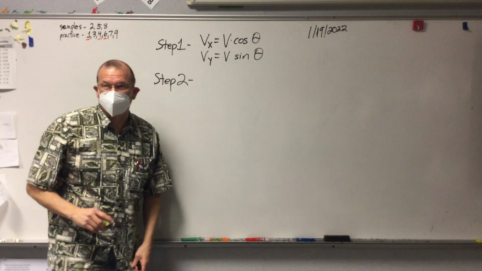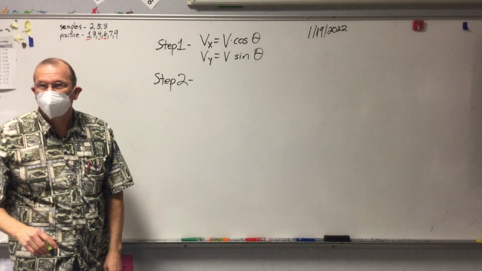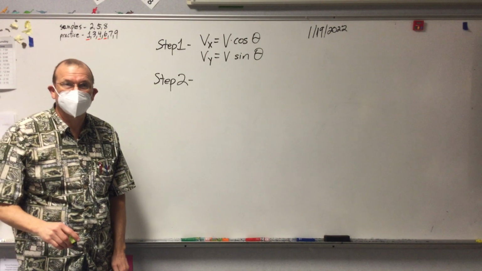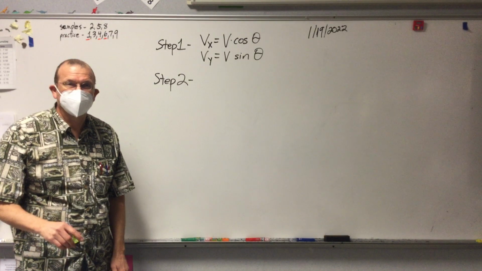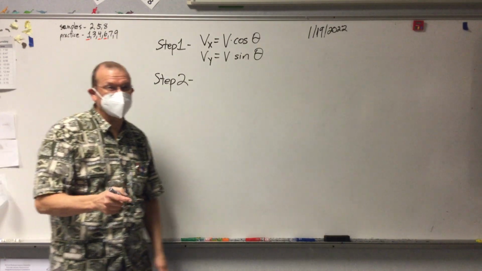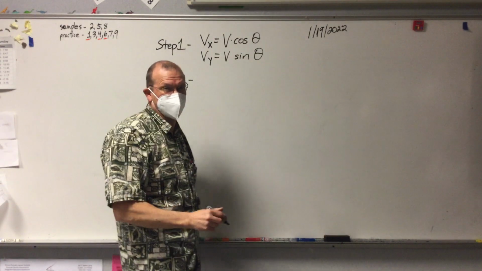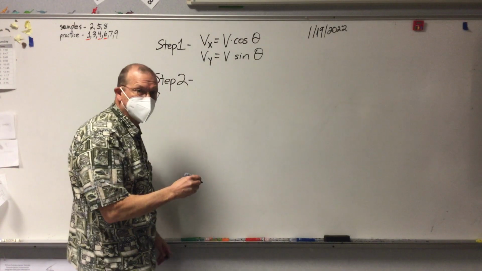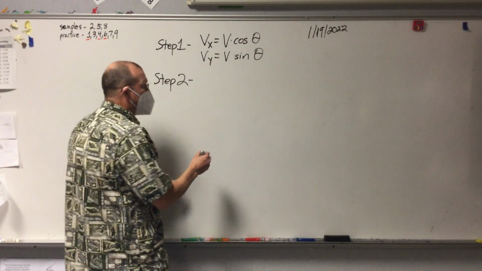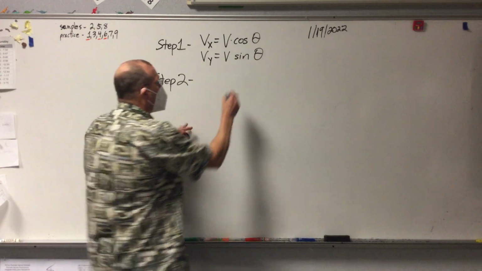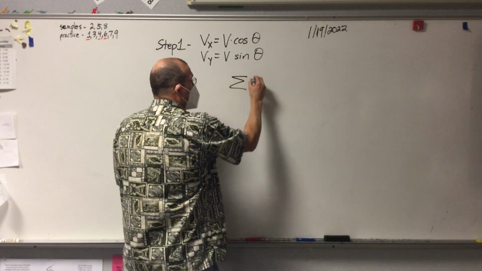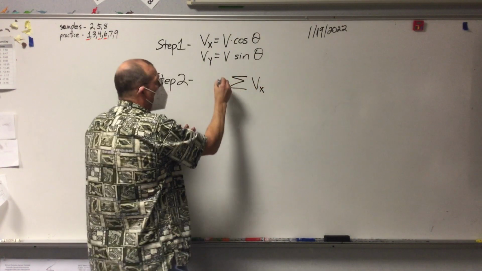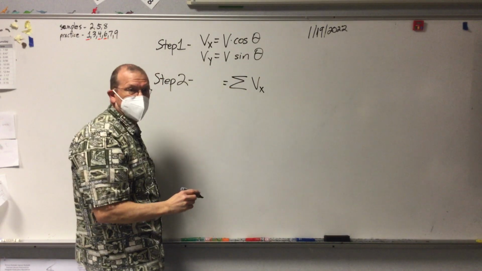What was the second step? You can check your notes, because this is where we were going yesterday. Adding up the x components and the y components. Right. And when we added up all of the x components, what was it that gave us?